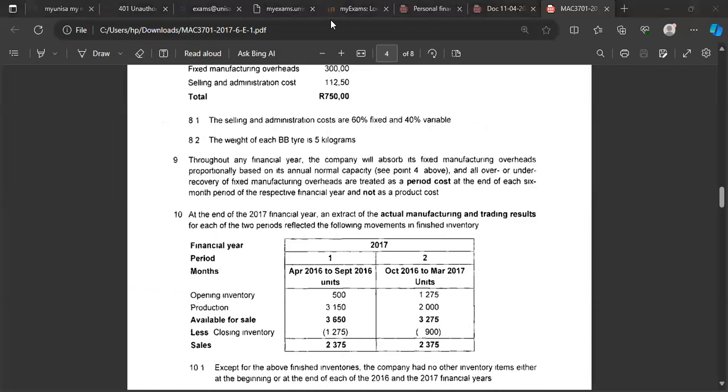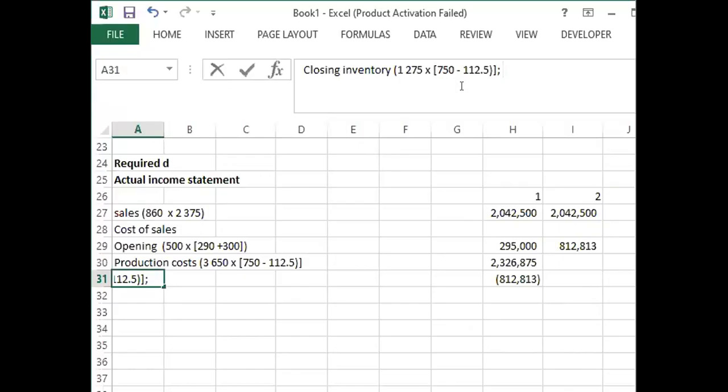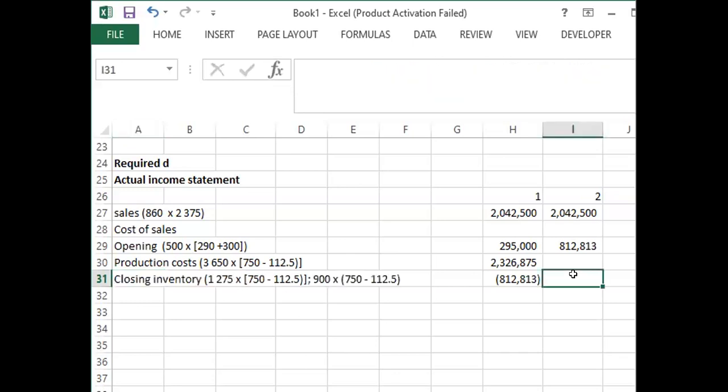We're multiplying, and it's still within the same period, so we use the same costs. So it's 900 times 750, then we deduct the non-manufacturing cost because it's not a product cost. So this is going to be 900.